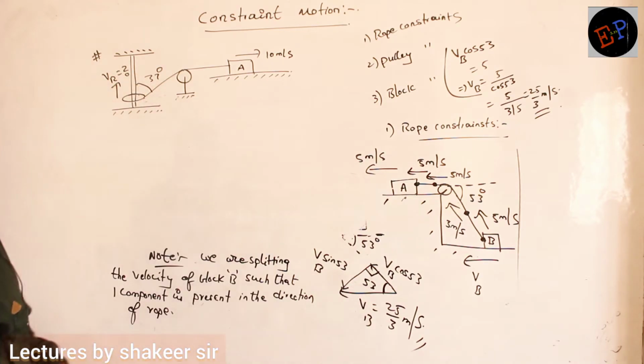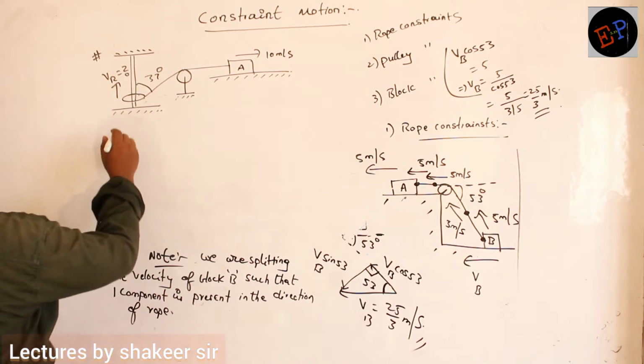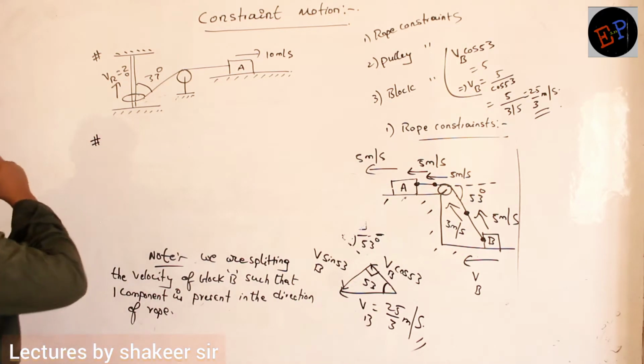Velocity of the ring is how much? Clear? Similarly, one more question.